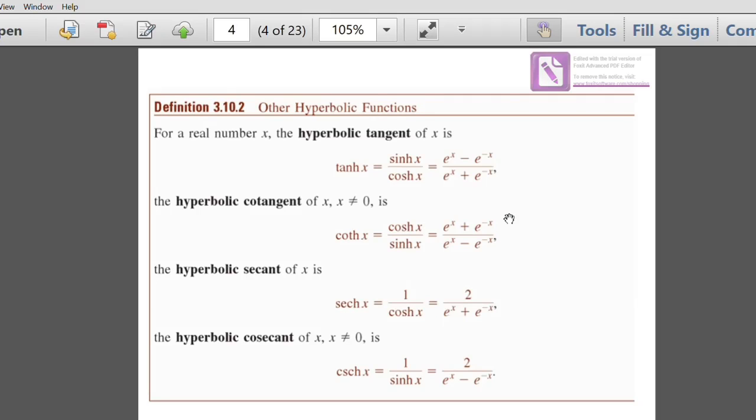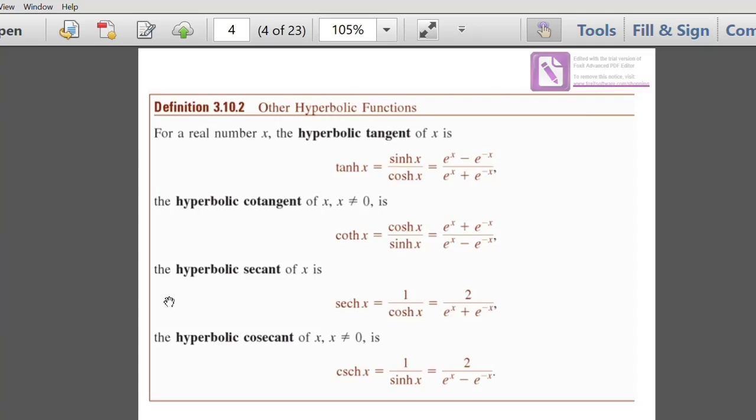And 2 from hyperbolic cosine will be cancelled with the 2 from hyperbolic sine and we get this ratio. Here we have where x is not equal to 0, because if x is equal to 0, here we get exponential of 0 minus exponential of 0, which is 1 minus 1, which is 0. And we cannot divide by 0.